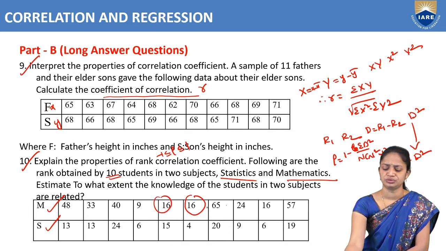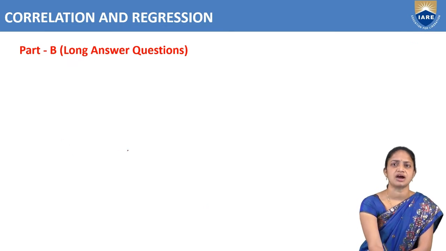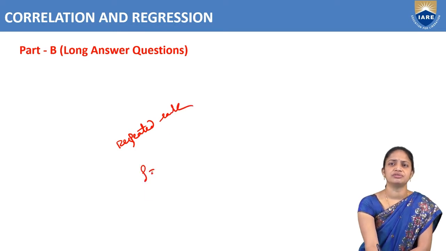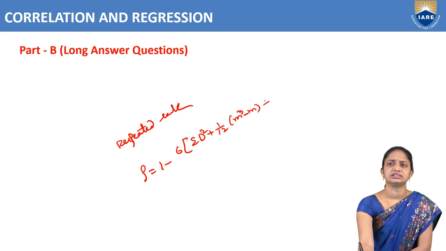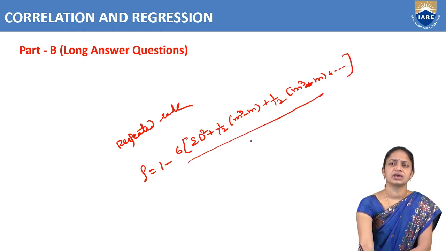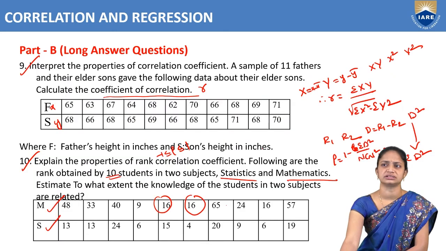So for the 10th question, for the repeated ranks, we have to use rho equal to 1 minus 6 into sigma d square plus 1 by 12 m cube minus m plus 1 by 12 m cube minus m plus and so on, divided by n into n square minus 1. This is the formula for repeated ranks.